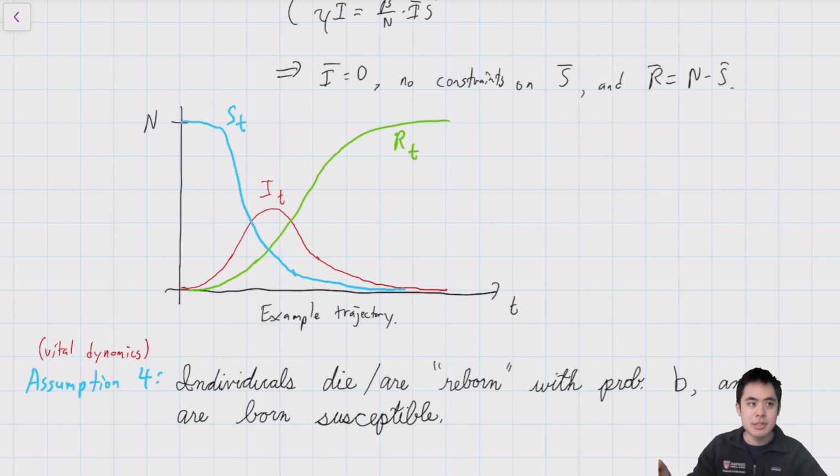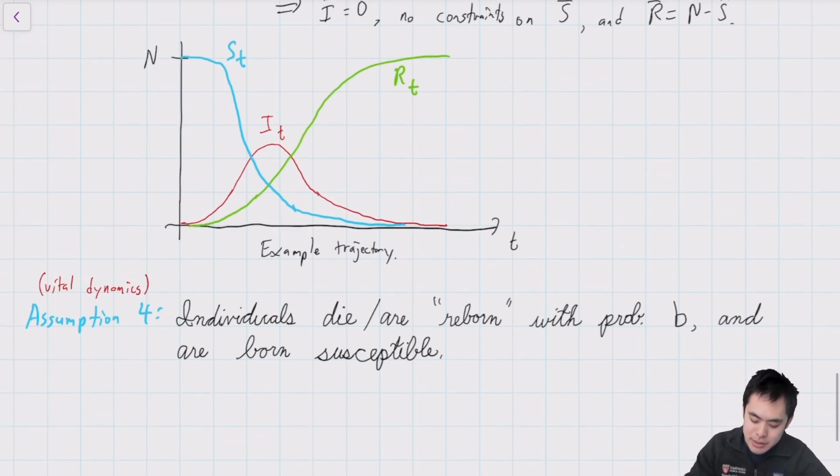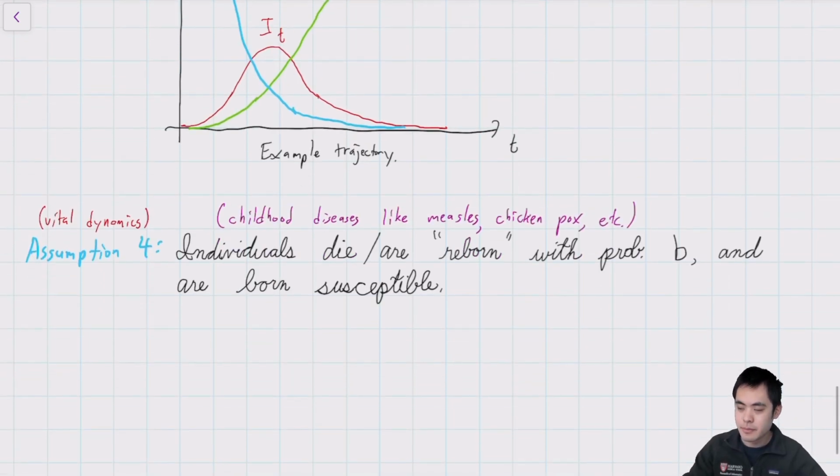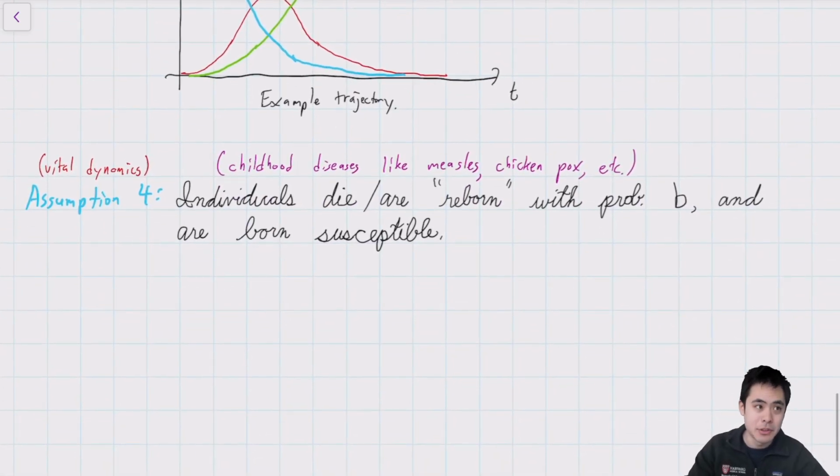Okay, and there are some diseases that this sort of model works well for, and often these are things like childhood diseases, like measles, chickenpox, etc. So all the things you get vaccines for when you're a kid, or many of those, at least.